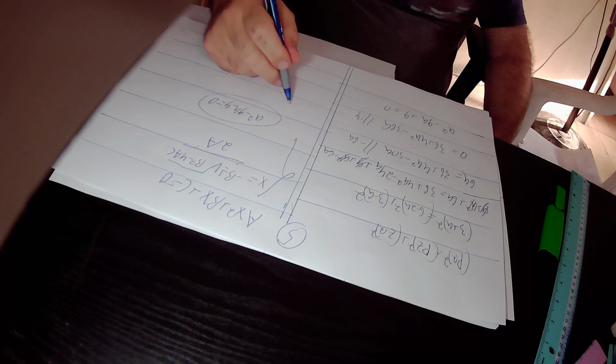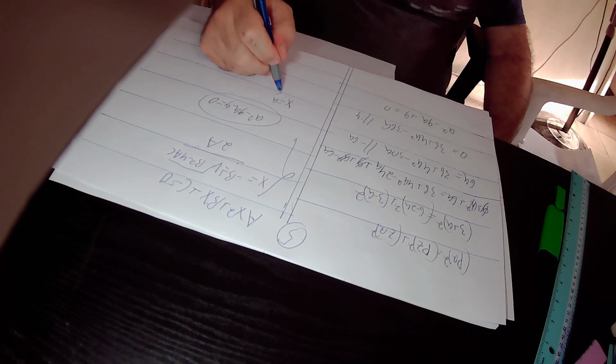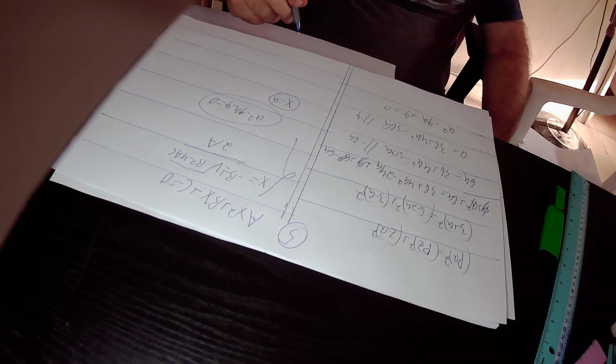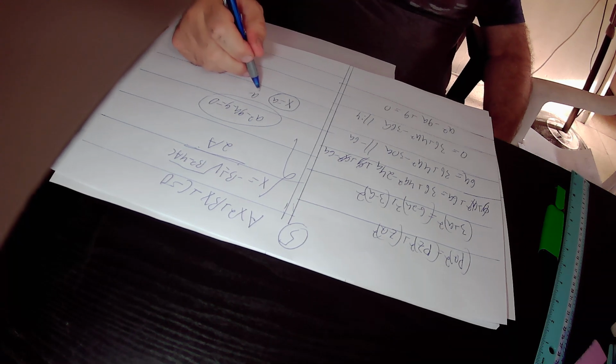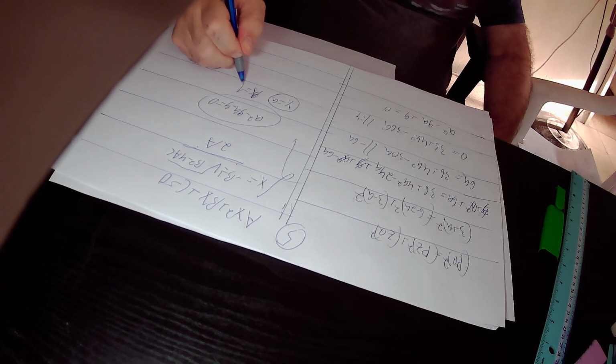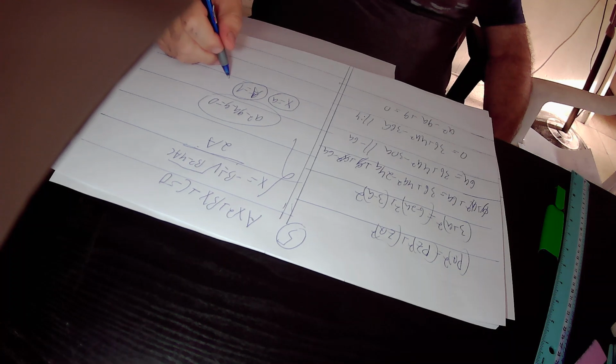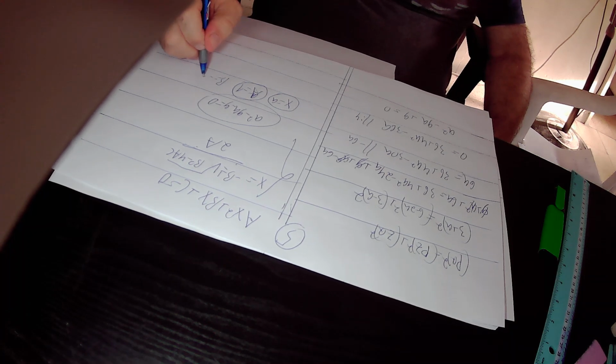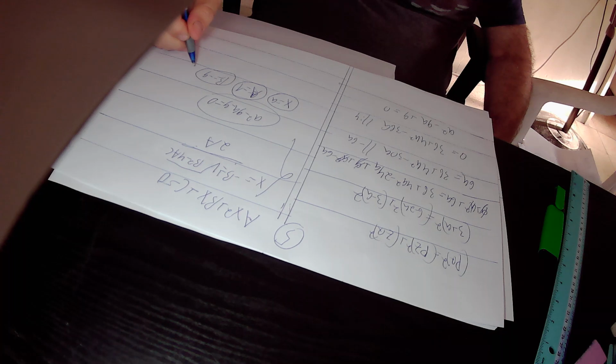Therefore, x equals a. The coefficient a equals 1. The coefficient b equals minus 9, and finally the coefficient c equals 9.